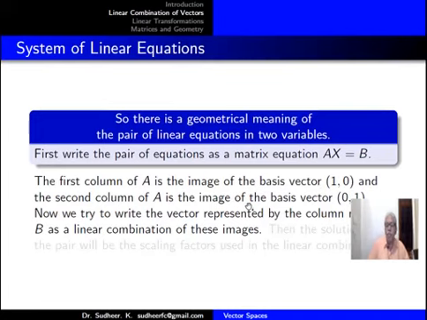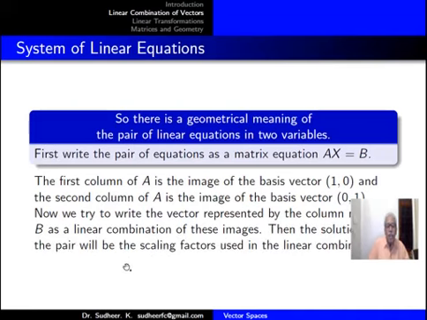So when you multiply the coefficient matrix with the column vector (1, 0), you get the column matrix corresponding to the point A. And similarly, the standard basis vector (0, 1) multiplied by the matrix A will give you the point B. Then the solution of the pair will be the scaling factors used in the linear combination.